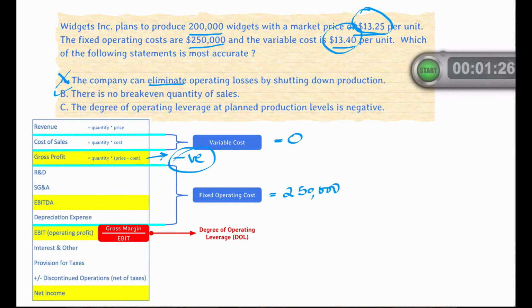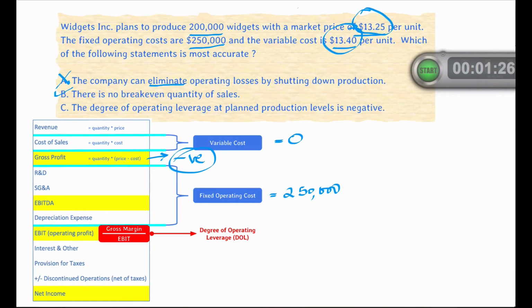Now just for the heck of it, let's look at what the degree of operating leverage at 200,000 widgets would be. So let's look at C. The degree of operating leverage is gross profit divided by EBIT. Our gross profit would be quantity multiplied by price minus variable costs. So that would be 200,000 into 15 cents.